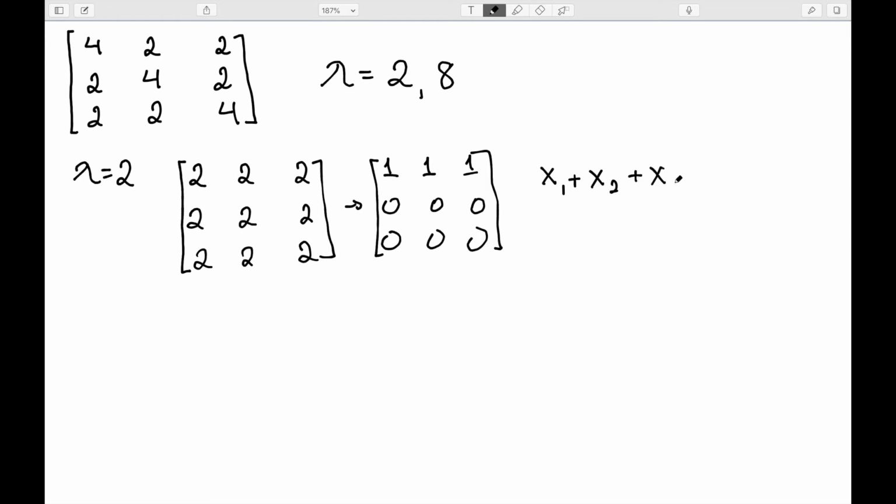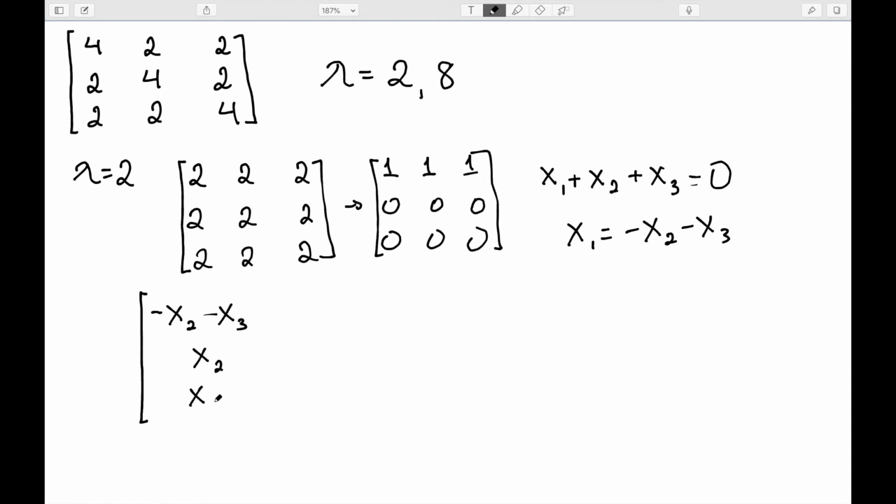So my equation is x1 plus x2 plus x3 equal to 0. Solving for x1, I would get x1 equal to minus x2 minus x3. So when I write my vectors, x1 is negative x2 minus x3, x2 is a free variable, and x3 is a free variable.